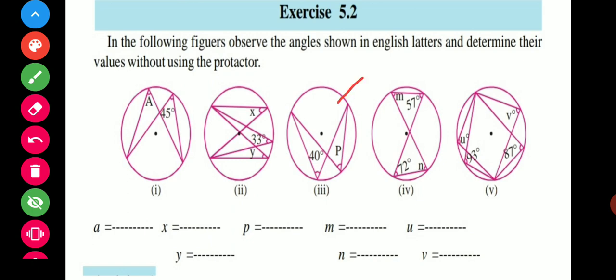Angle P and angle 40 both are equal, so it is 40 degree, because angle of same segments are always equal. Now next two parts you can do. So this parts for your homework, so you can do at home.